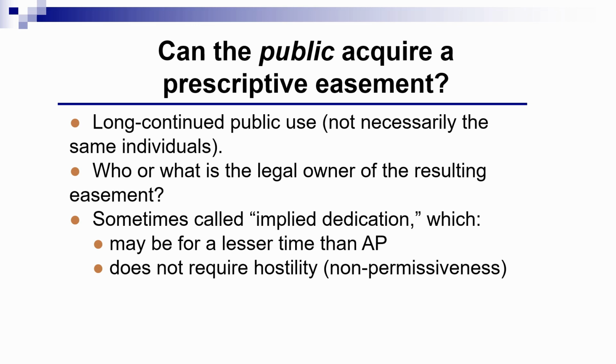Well, the implied dedication might arise even though for a lesser time than adverse possession. Implied dedication requires a long period of use, but it might be shorter than, for example, 20 years that some states require for adverse possession. The other critical thing about implied dedication is it doesn't require hostility. In other words, it doesn't require any proof that the use was without the owner of the land's permission.